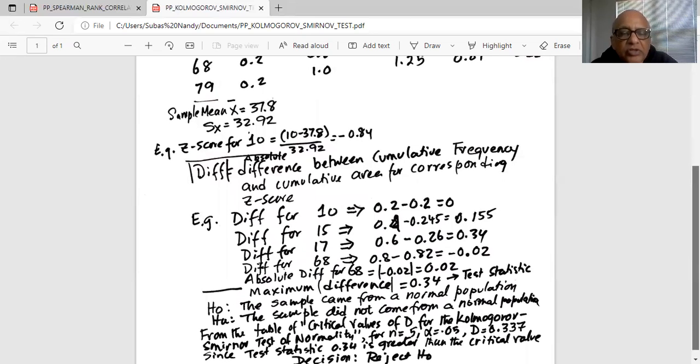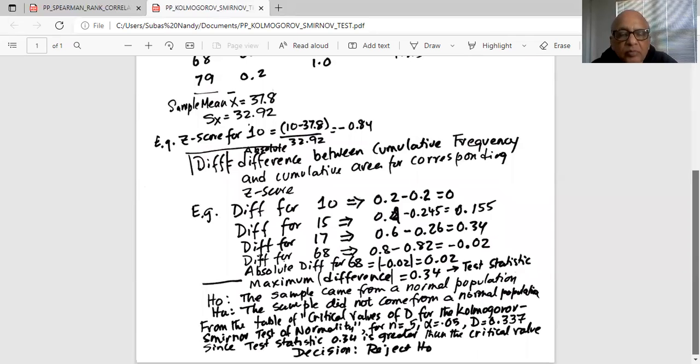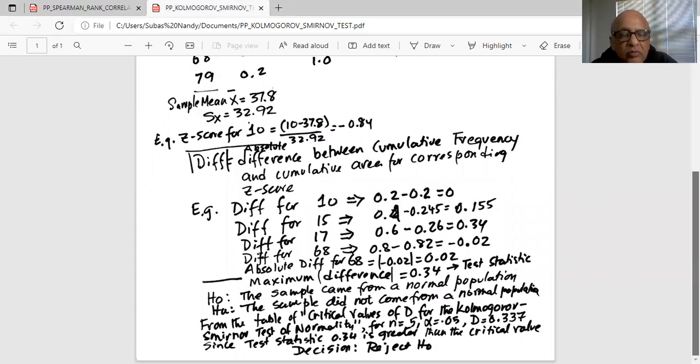So our null hypothesis: the sample came from a normal population. Our alternate hypothesis: the sample did not come from a normal population. Okay. And then we look at the table of critical values of D. D is the absolute maximum difference. For the Kolmogorov-Smirnov test of normality, with sample size n equal to 5 and alpha equal to 0.05, the critical value of D is 0.337.